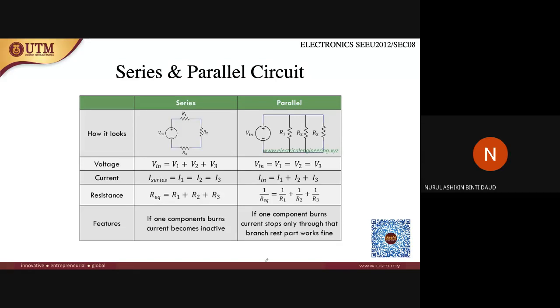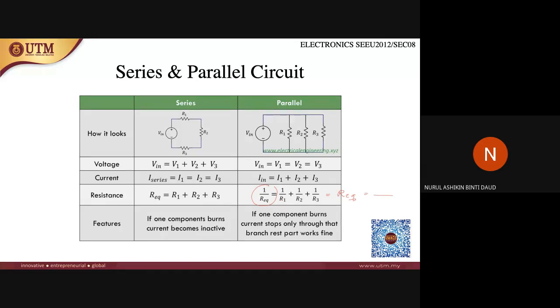Resistance is also different from series. For parallel it is 1 over R1, 1 over R2, and for the final answer you need to make sure that Req equals what? You cannot leave your answer as 1 over Req like this. So your answer is wrong, or you will not get full marks, right?